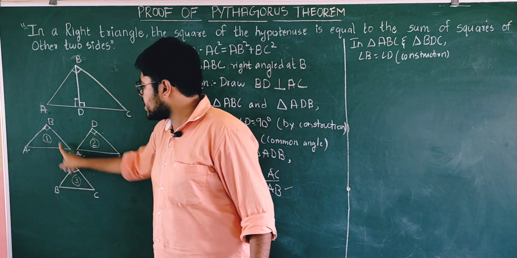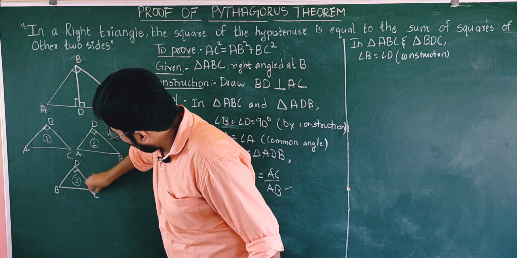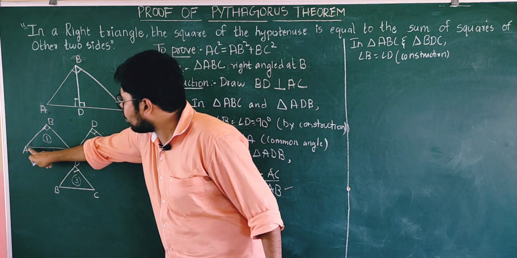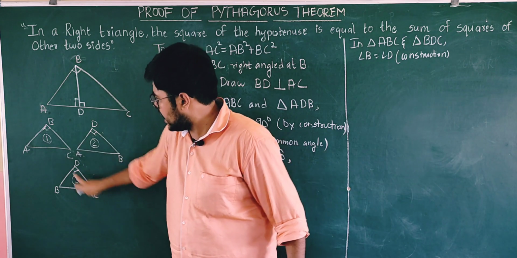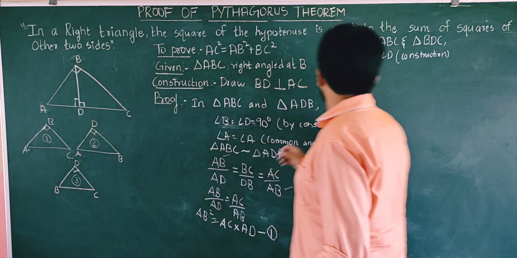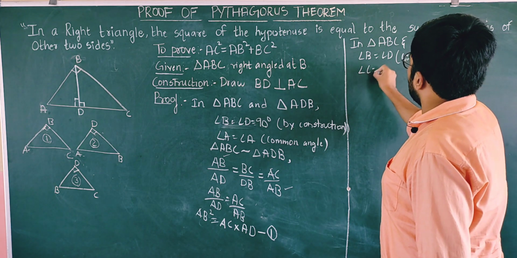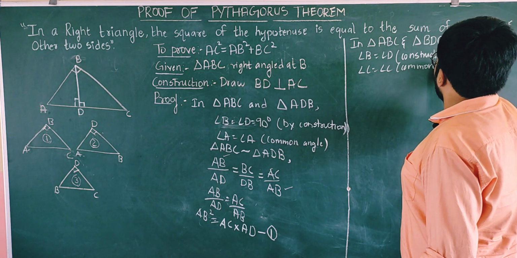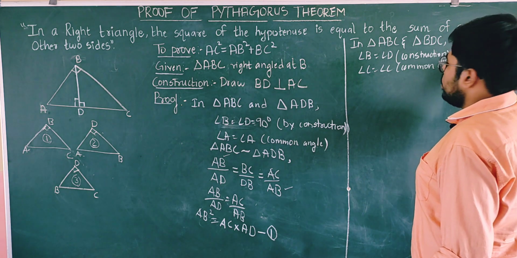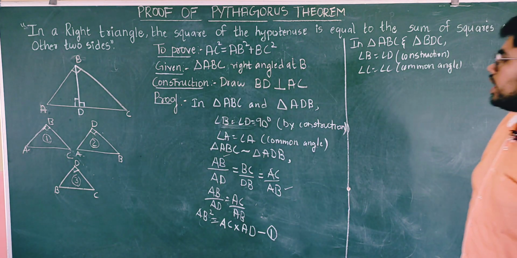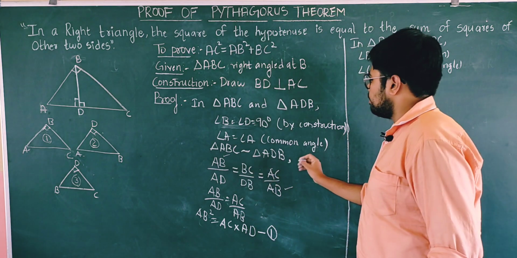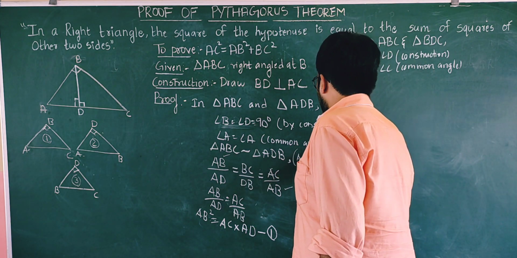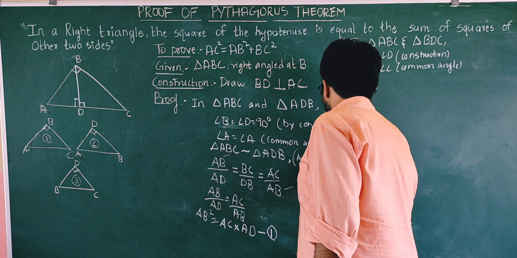Next, what is the common angle? Angle C is common. For the earlier ones, angle A was common; for this and this, angle C is common. So angle C is equal to angle C, a common angle for both triangles. Both are similar because of the angle similarity criterion.